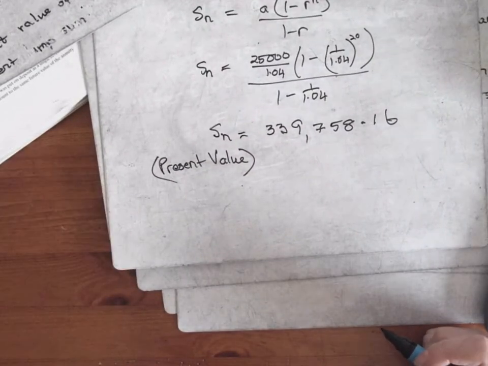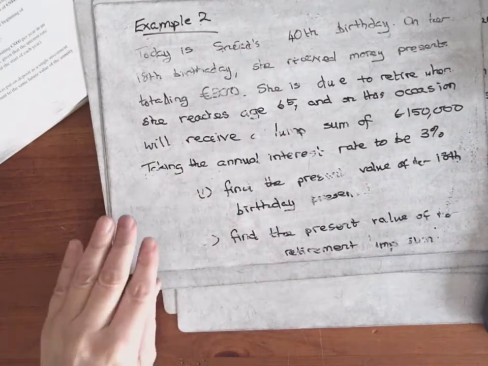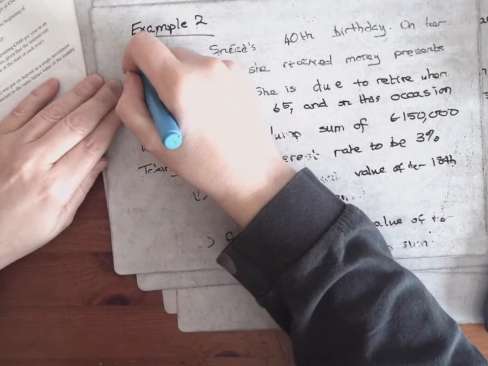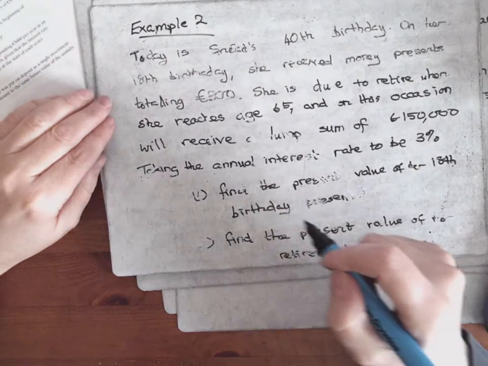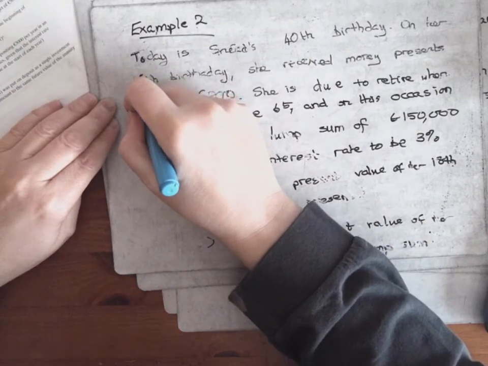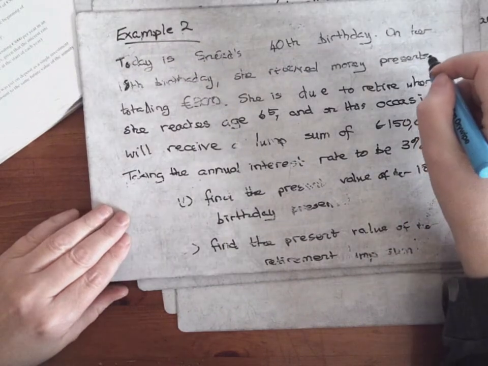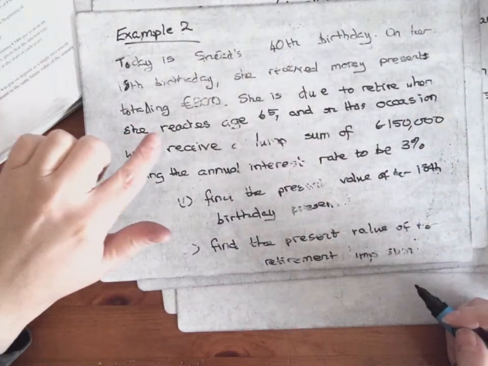Right, example 2. I'll give you a chance to write it down and then I'll do it. Today is Sinead's 18th birthday. She received money presents totaling 300 euros.